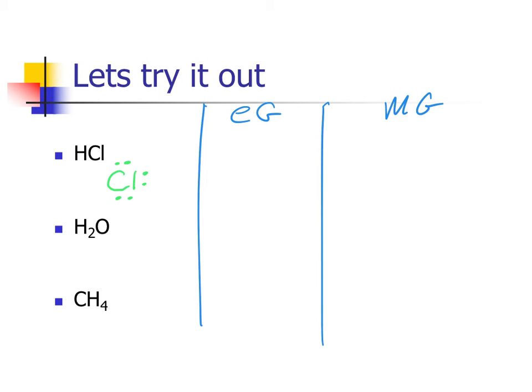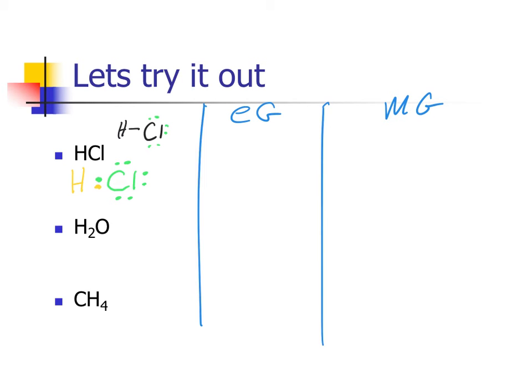Now, we can go this route here if you choose, or you can start to do this, and some of you might like it. I think it cleans things up a little bit. It helps us identify our bonding pairs and our non-bonding pairs just a little bit better.